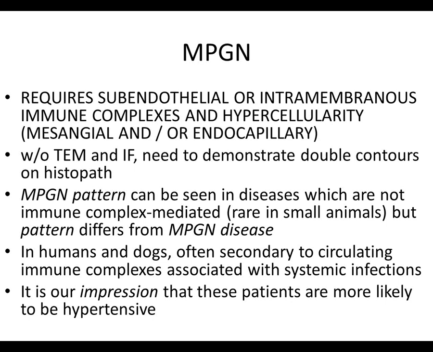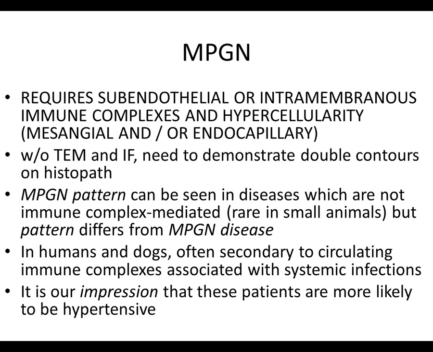And then again, you have to have hypercellularity. The case we saw today had pretty good evidence of endocapillary hypercellularity. Sometimes if it's chronic, we might only see mesangial hypercellularity. So it honestly depends on the time point at which you do the biopsy.